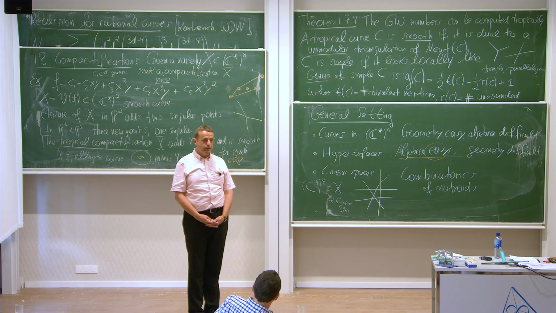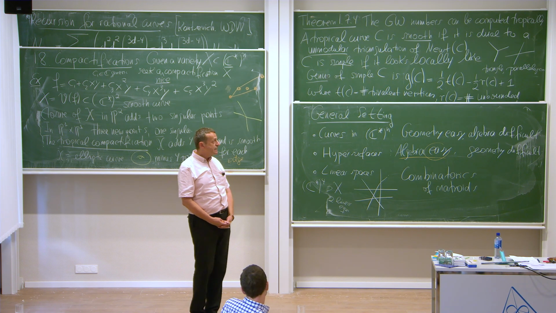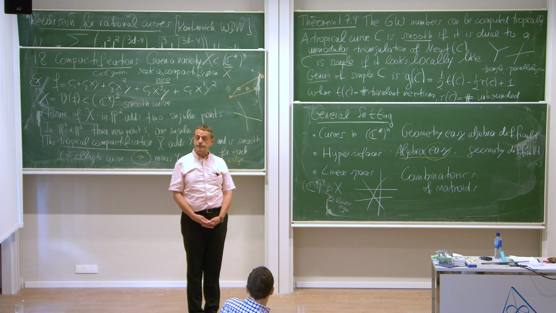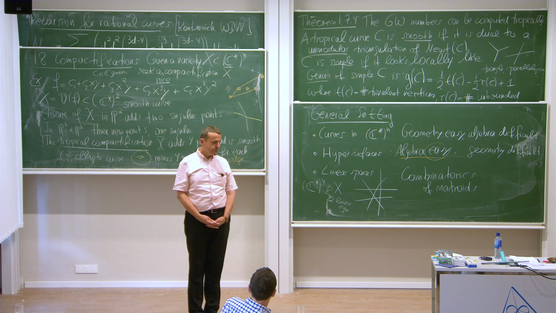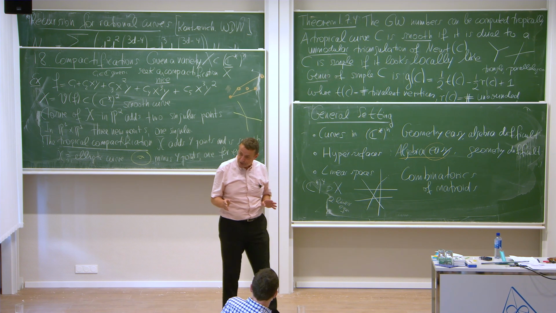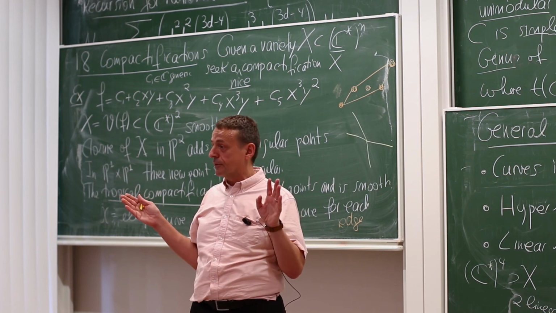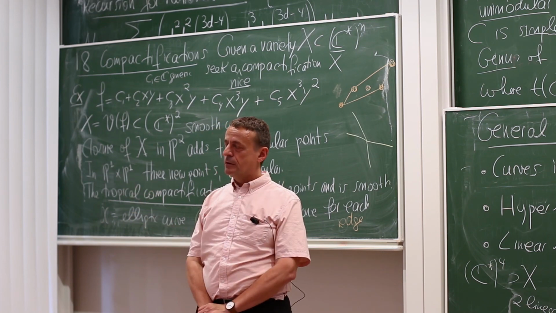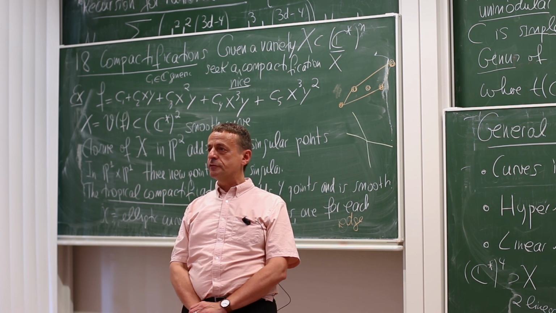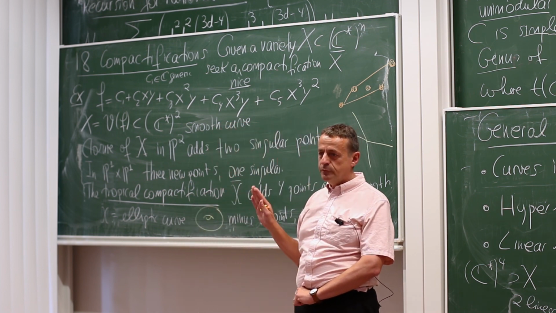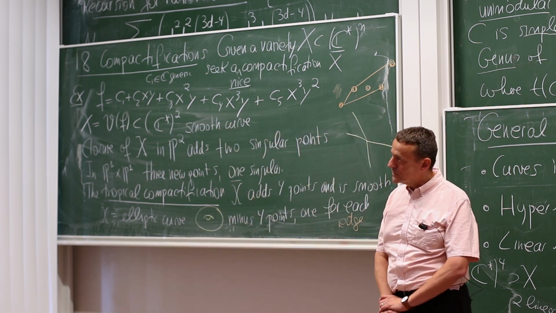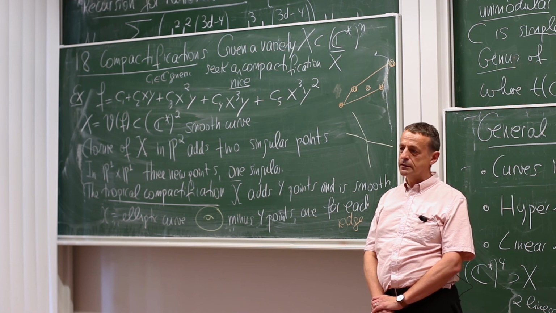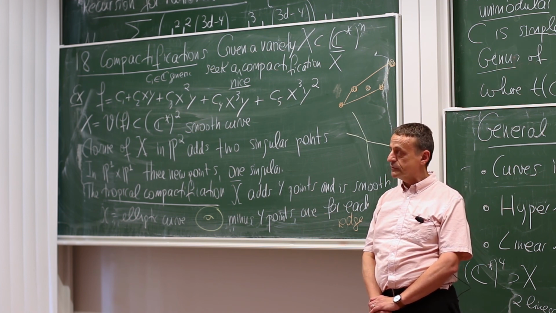There are tropical versions, but things are a little bit more tricky already for curves in 3 space. So in 3 space, there are balanced graphs that look like a tropical curve, but they're in fact not. So I think there's a version of Castelnuovo, but we have to be very careful because there are in 3 space already curves that look like they are tropicalizations of classical curves, but in fact they're not.